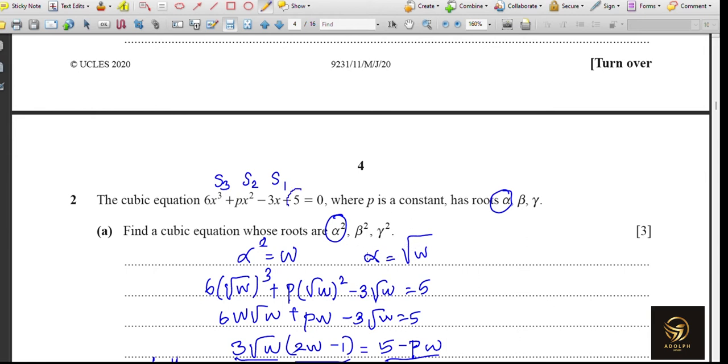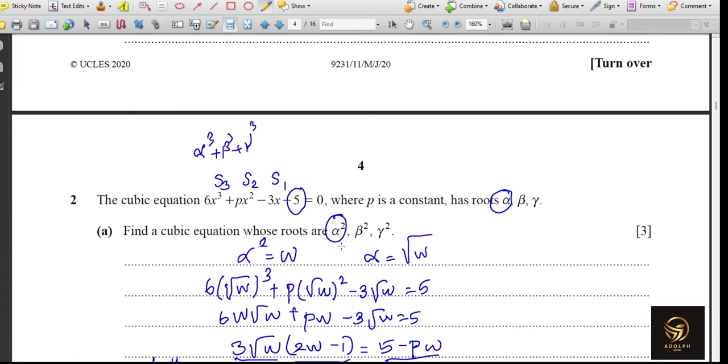And what we have to do for the constant, we'll see when I'm solving it. When I said S3 is x cube and S2 is x square, S3 I related with alpha cube plus beta cube plus gamma cube.